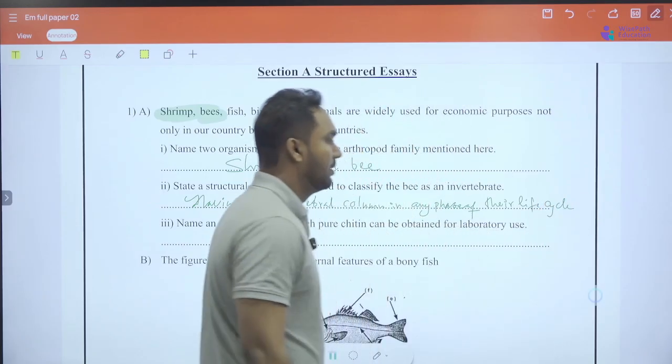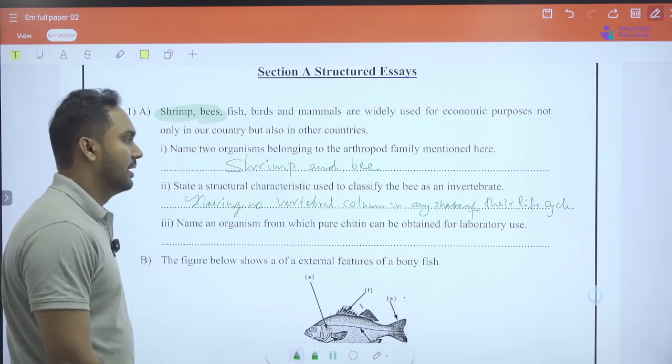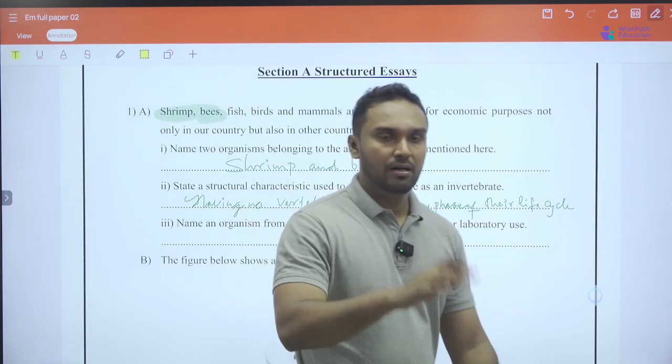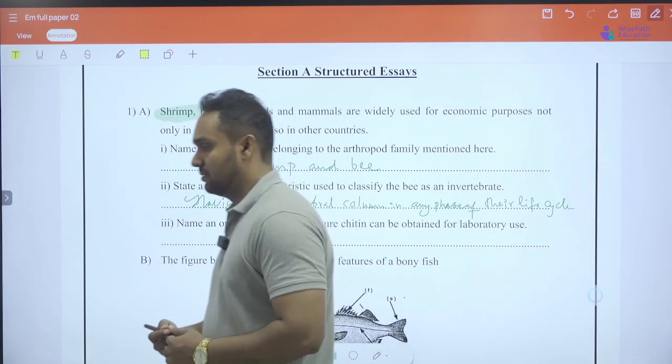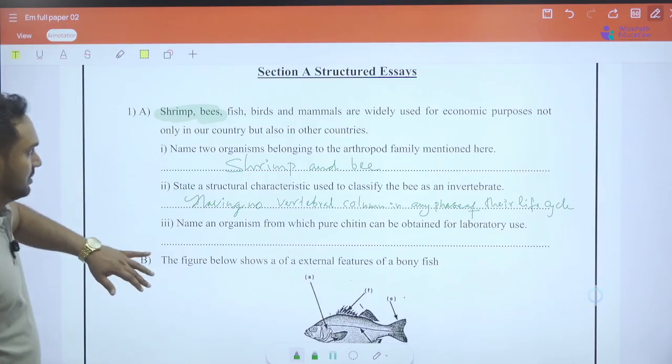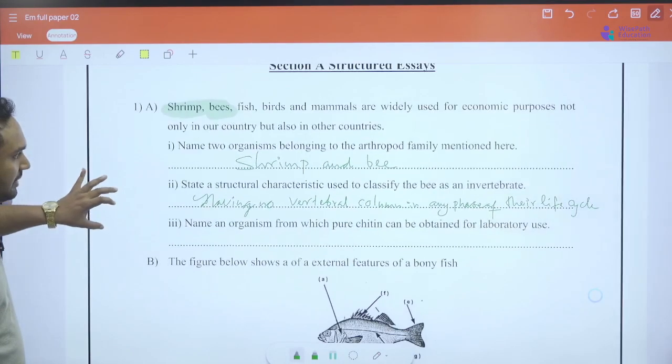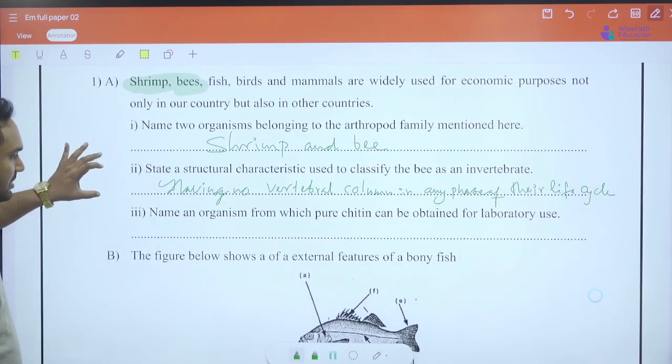Having no vertebral column in any phase of their life cycle is the simple definition that we can tell about the invertebrates. That is one of the main features.